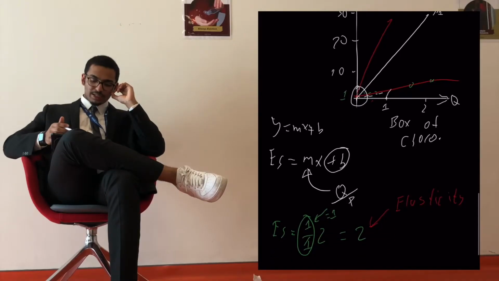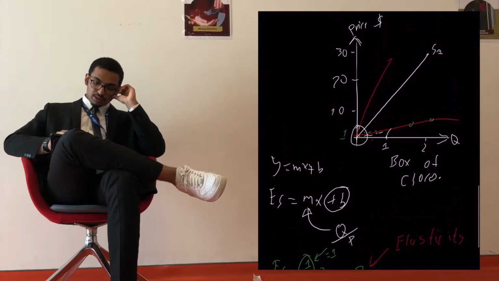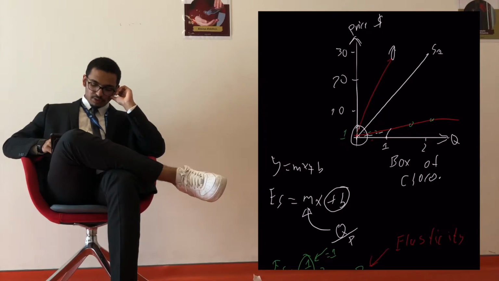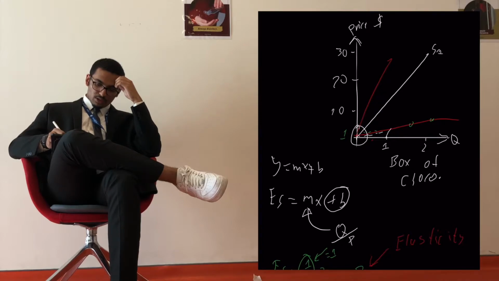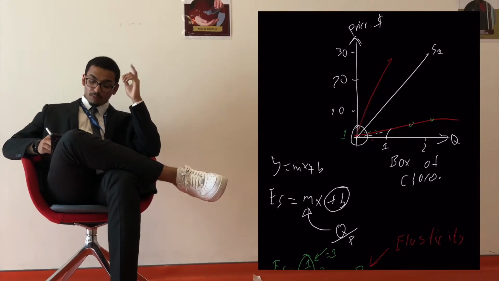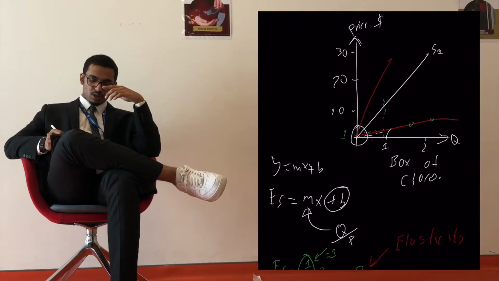So let's take an example of it being inelastic. We'll look at this curve, and let's say you were getting 1 box of chocolate for $20.